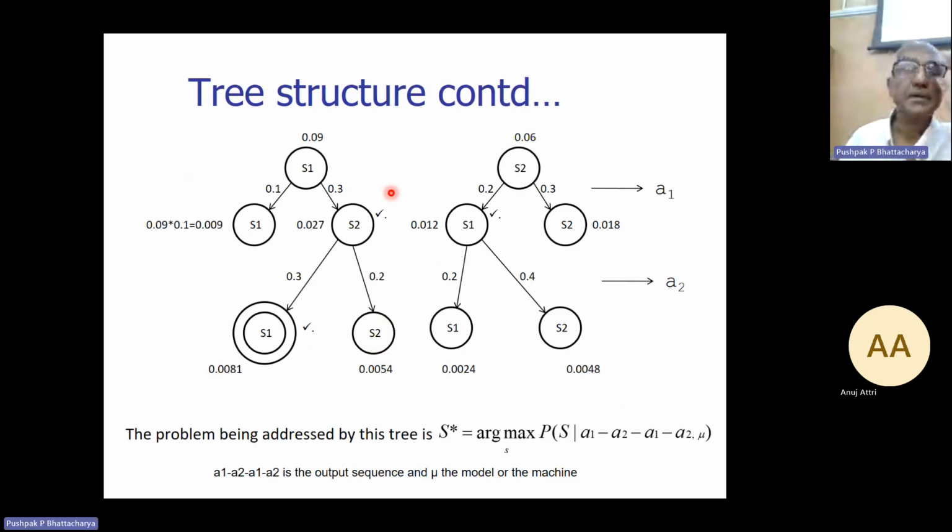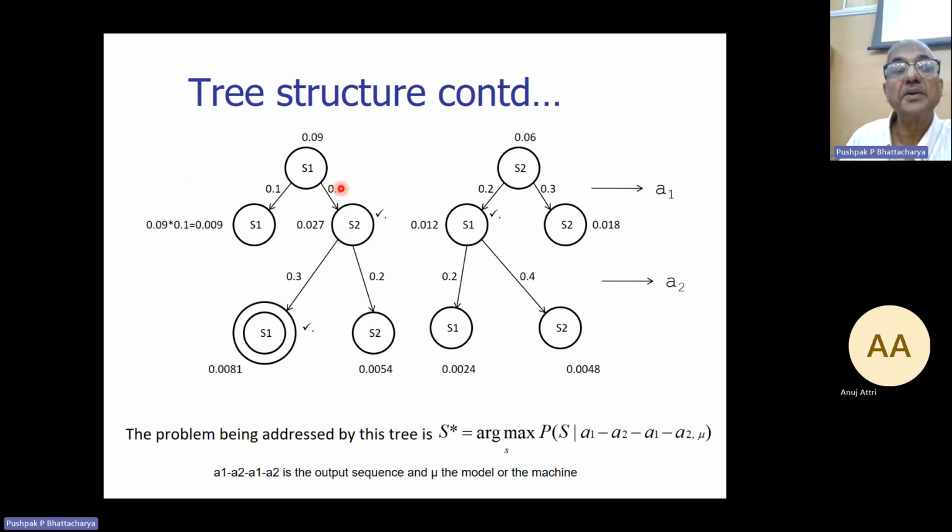All right, so we had accumulated probability of 0.09 for a path ending in S1 and 0.06 for the path ending in S2. Now the observation is A1. So S1 to S1 on A1 is 0.1, S1 to S2 on A1 is 0.3. So the accumulated probability here is 0.09 into 0.1, which is 0.009.